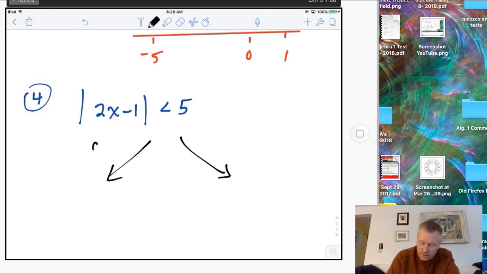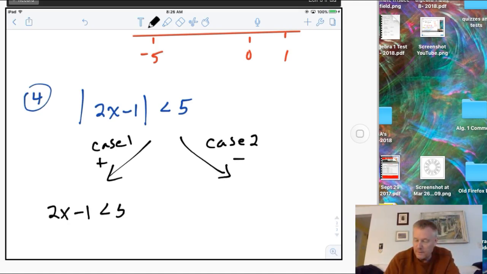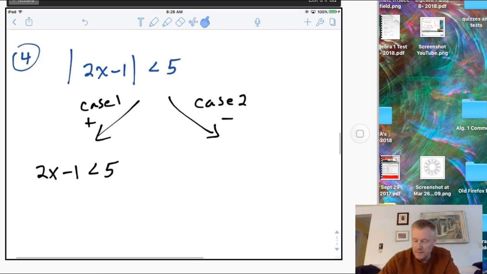I'm going to go straight to the case 1 and the case 2, okay? So case 1 is the plus, case 2 is the negative. All right, now what I get is 2x minus 1 is less than 5. There's the positive. That one's easy, stays the same.